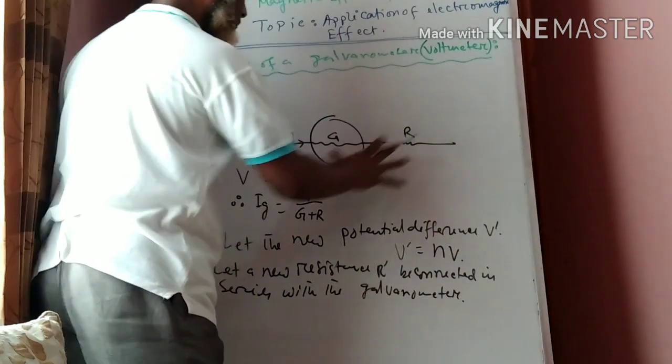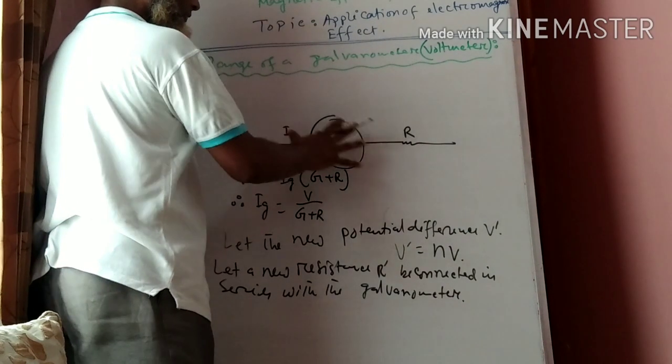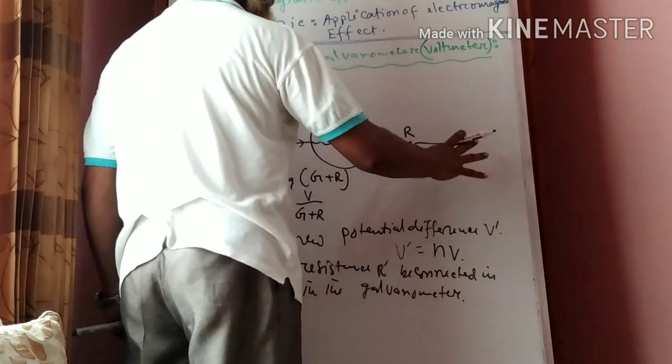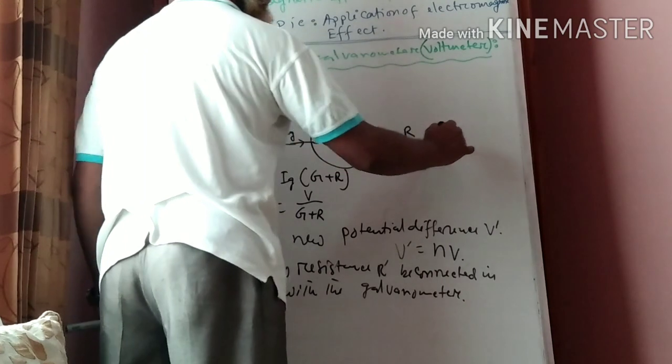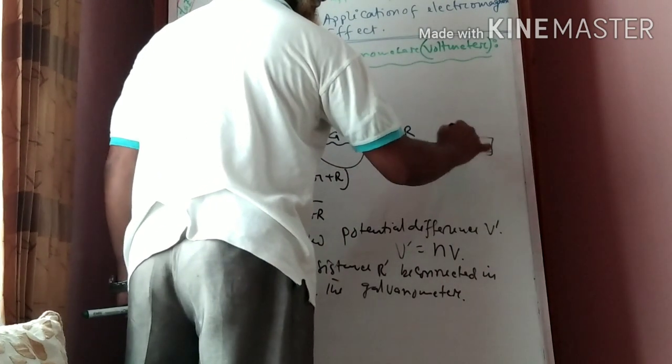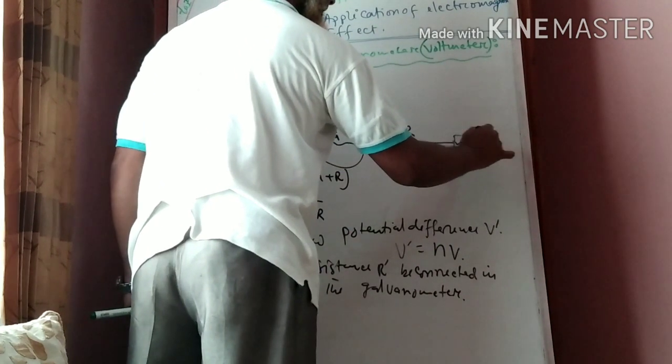So this one is the total, including these two, and here we add a new resistance R prime.